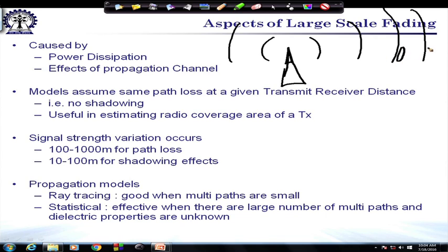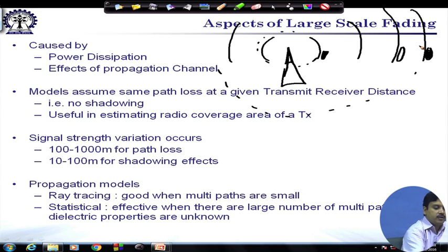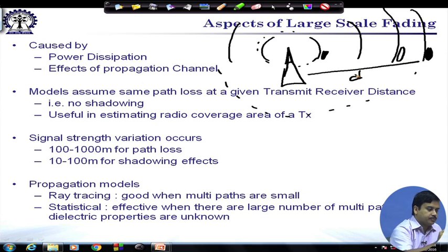So, we are capturing only a small fraction of the big envelope. When we are close, we are capturing a significant fraction of the signal energy, because the globe is small, whereas when we are far away, we are capturing the same absolute area, while the globe has become bigger. Therefore, you are capturing a small fraction of the total energy as you increase the separation between the transmitter and the receiver.